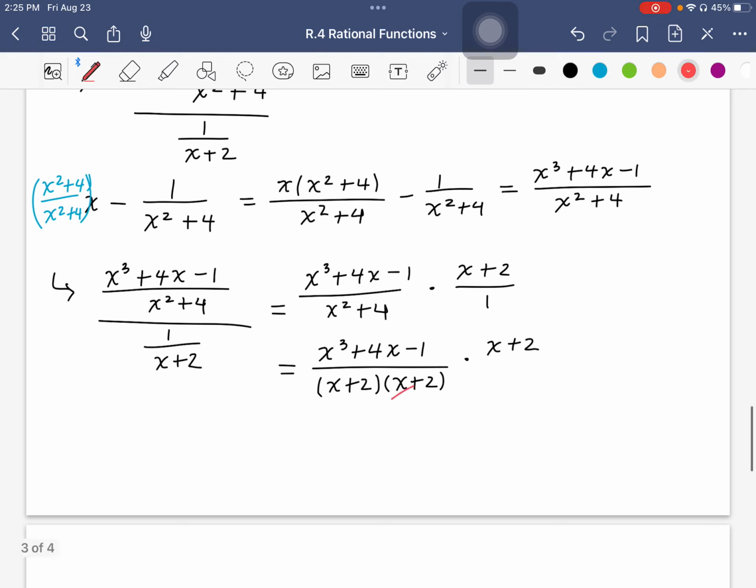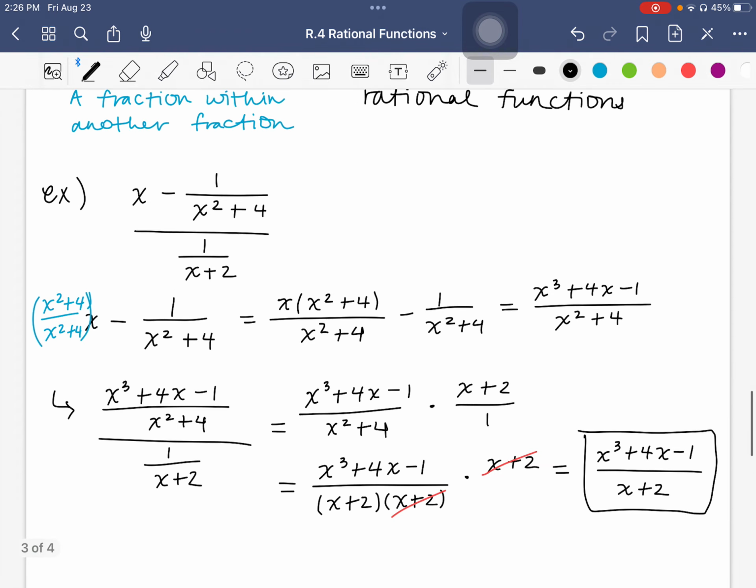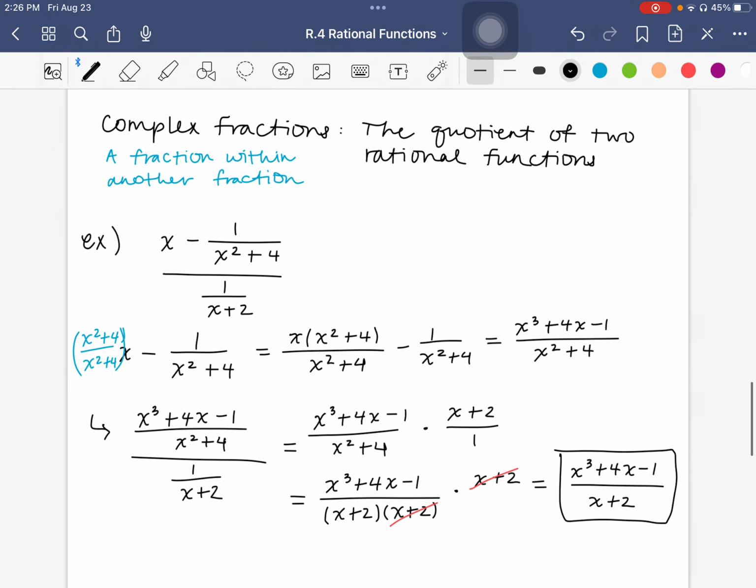So these guys will cancel. And then we're left with x cubed plus 4x minus 1 on the top, and then x plus 2 on the bottom. And that is our final answer. All right, so that is it for this video.